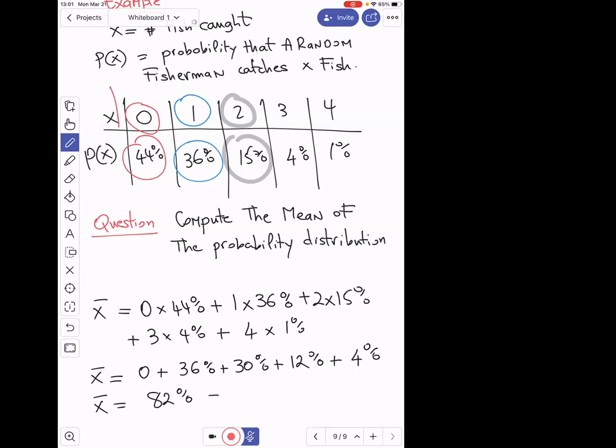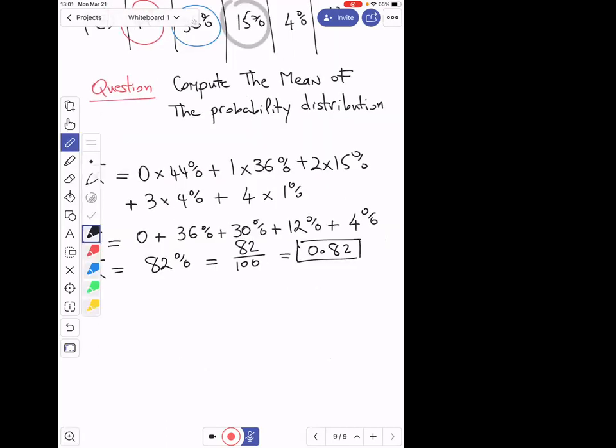If you want to convert this into a decimal, 82% is 82 over 100, which is 0.82. So X bar here is 0.82. So what does this number mean for us?